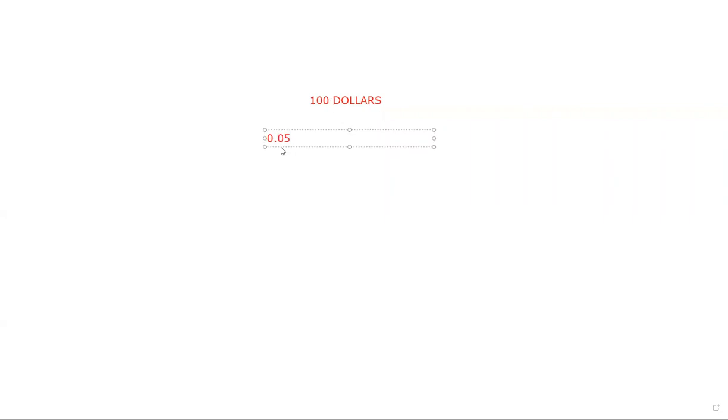Listen carefully. If the maximum lot size you want to use is 0.05, then you can choose to enter just one trade with 0.05, or you can enter 5 trades with 0.01, another 0.01 making 0.02, another 0.01 making 0.03, another 0.01 making 0.04, then another 0.01.